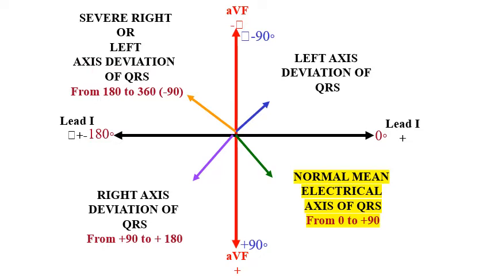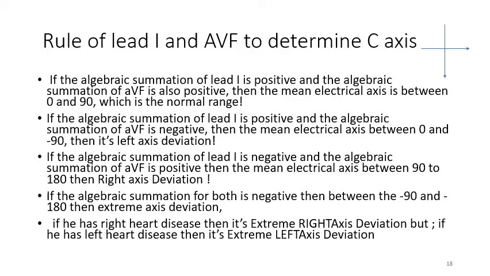Okay, so here are some rules if you are using lead 1 and AVF to determine the cardiac axis, which is an easy way to do that.